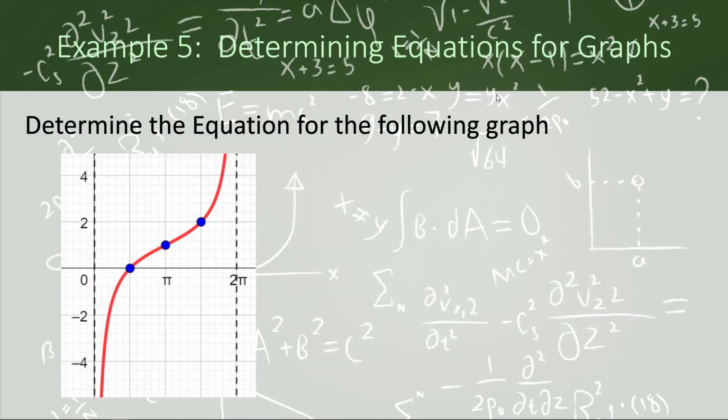Now, the last thing you're going to find yourself doing in this particular homework is trying to figure out the equation from a graph. So here is a graph. Notice that the asymptotes are 0 and 2 pi, namely we start at 0. So this looks like a cotangent.